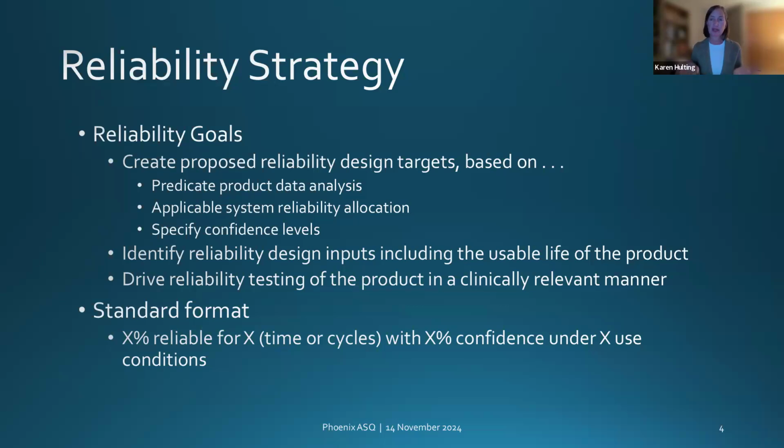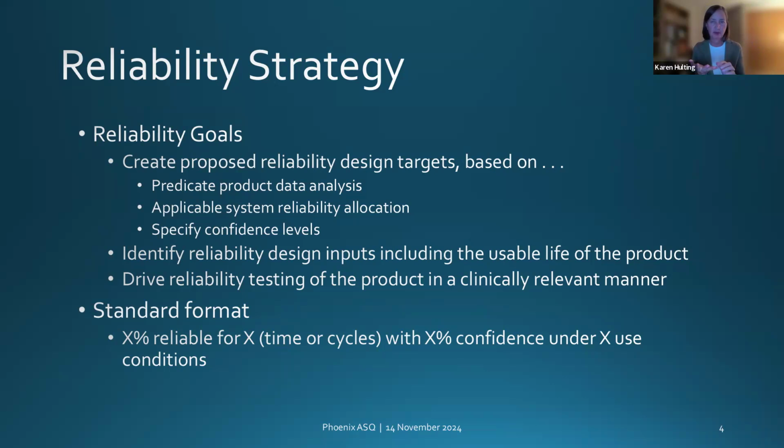So first of all, in the topic of reliability strategy, a key thing about reliability strategy is setting goals. And so what we want to do is take some inputs into setting those reliability goals. We might call them reliability design targets. Different companies are going to call these different things, and they're going to fit into the R&D process in different ways.